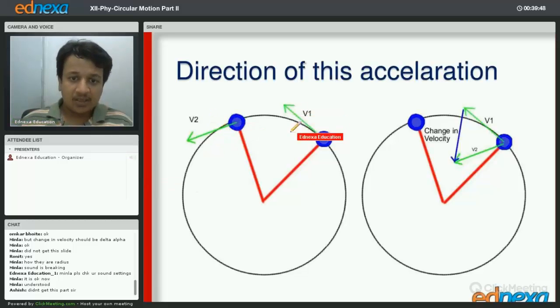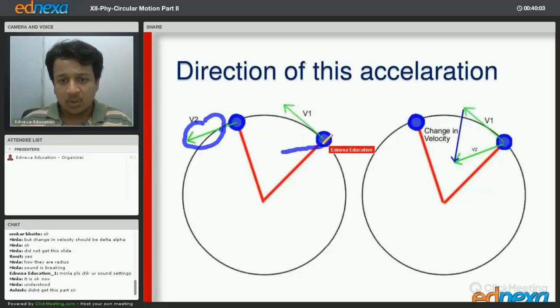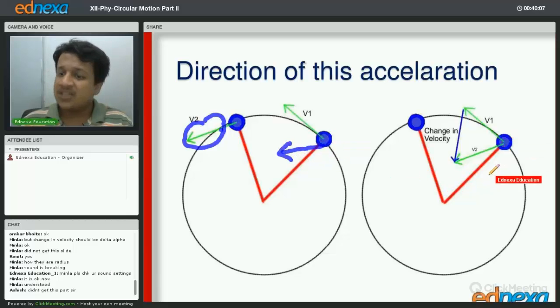Is it right? So this is the velocity vector at point A and this is the velocity vector at point B. The velocity vector at point B, I transferred from this point to this point over here, as shown in the second diagram.